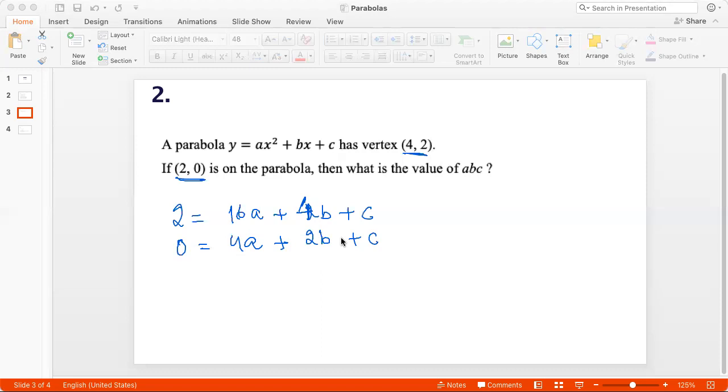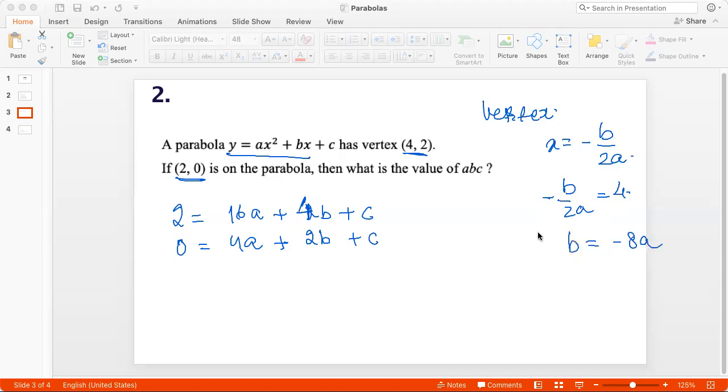I also know that the vertex of the parabola, when it's given in the standard form, the x coordinate of the vertex is −b/2a. So I know that −b/2a has to be 4, or b has to be −8a.